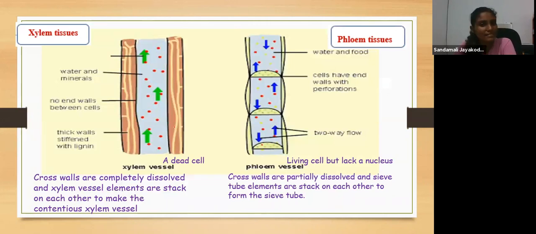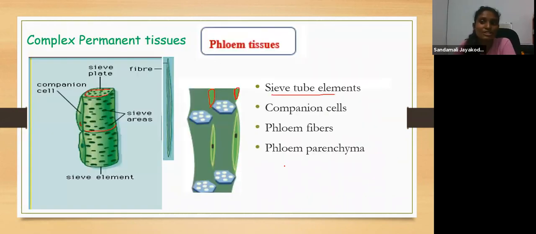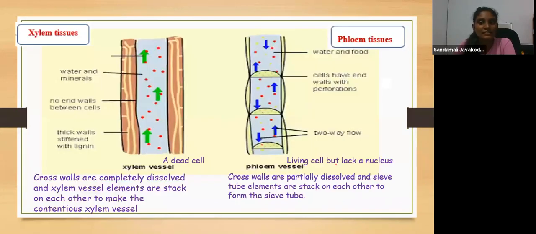And the phloem vessel, or sieve tube element, is a live cell, but it lacks a nucleus. It doesn't have a nucleus because it has to transport food. Therefore, there's no nucleus in it. There should be space for that, but it's a live cell.